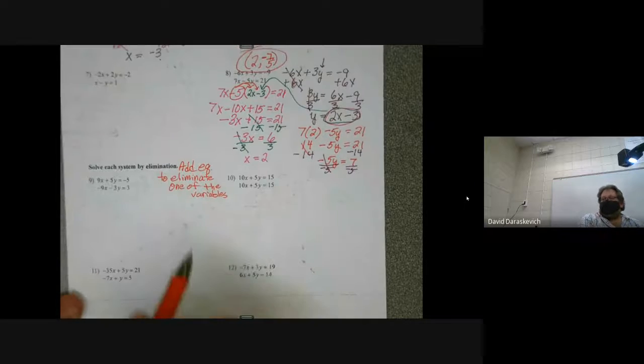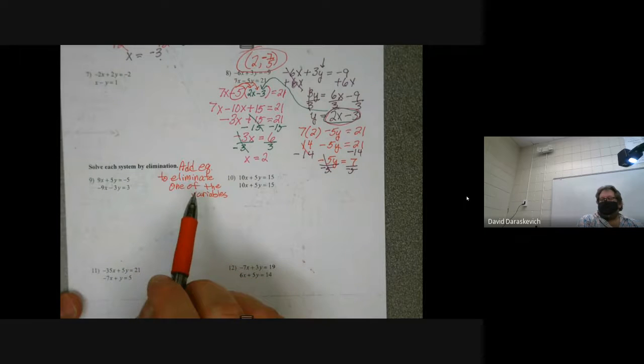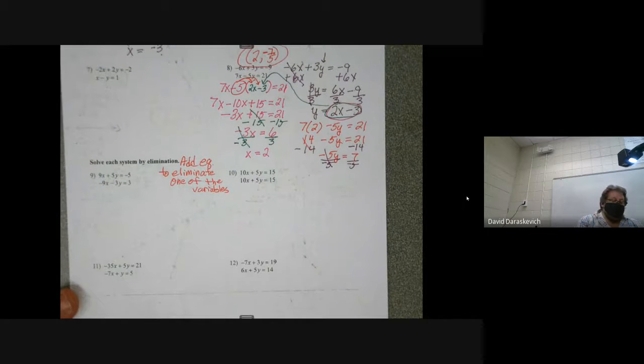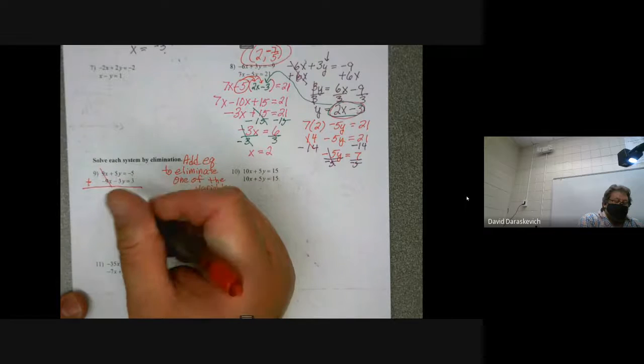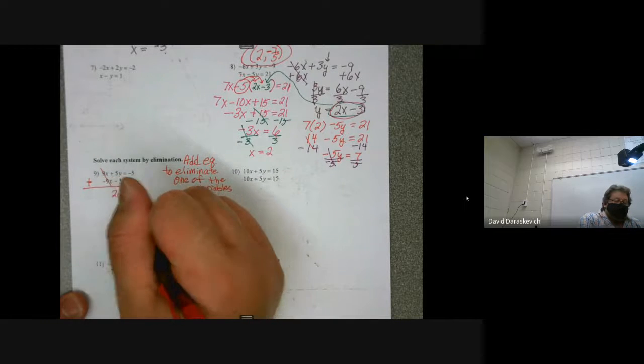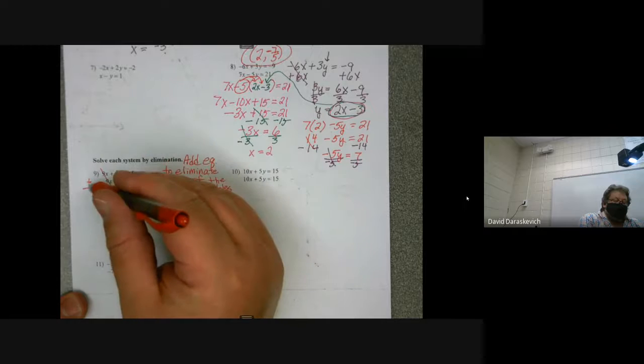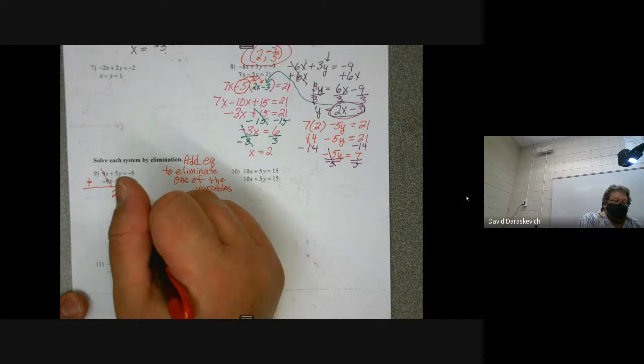Okay. So if it doesn't eliminate one of the variables, you have to make it that way. For instance, number 9, if we just add these two equations together, we're going to go ahead and eliminate one of the variables because the x's will cancel out. 5y plus negative 3y, 2y, negative 5 plus 3 is negative 2.